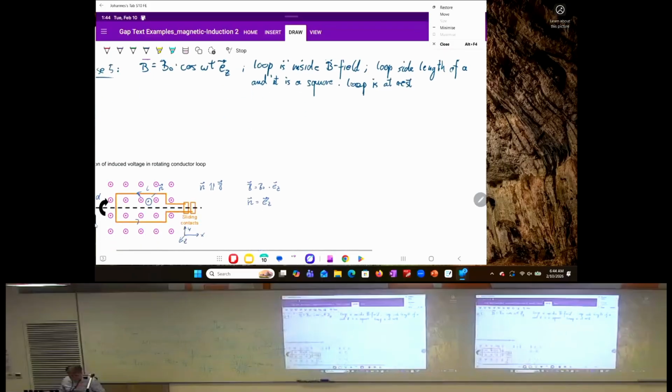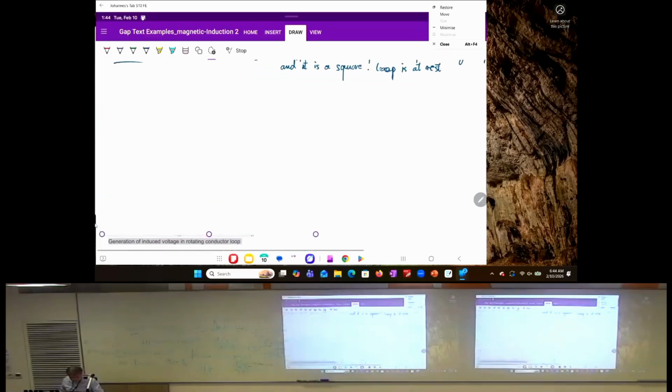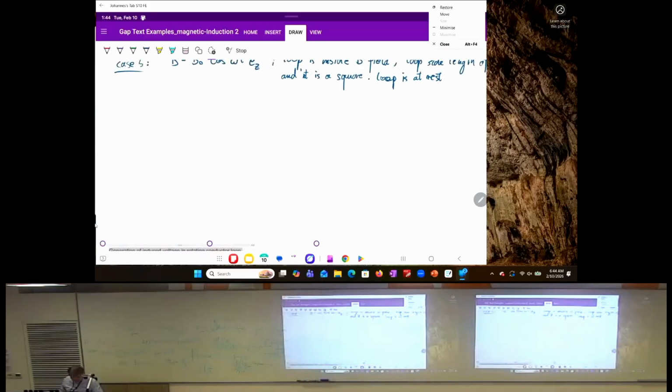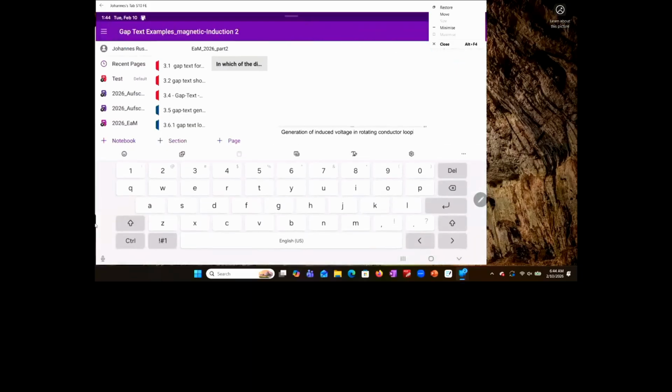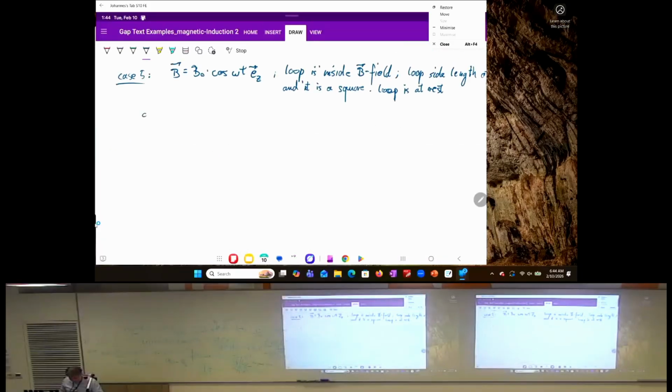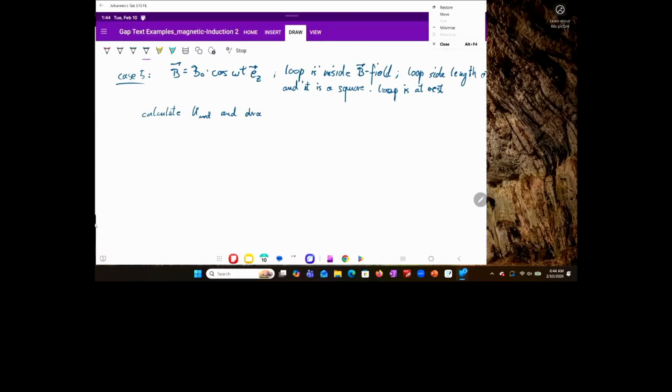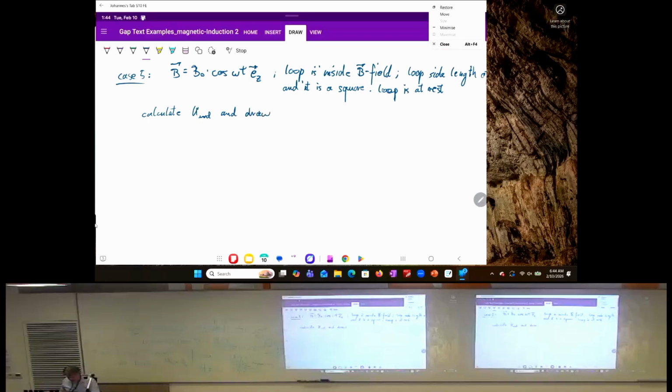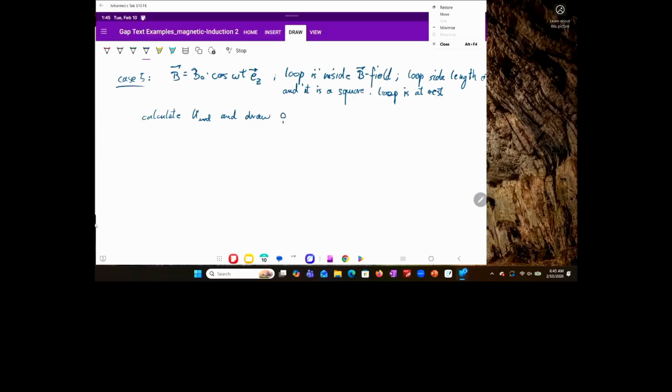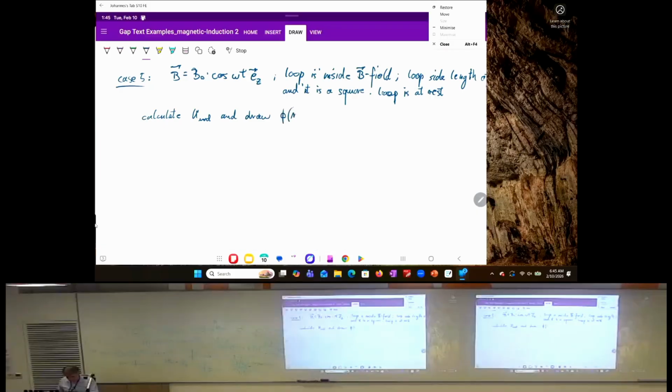Then we would like to calculate and graph the induced voltage, so you want to draw phi and U induced.